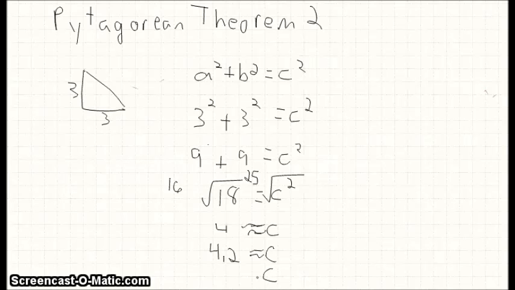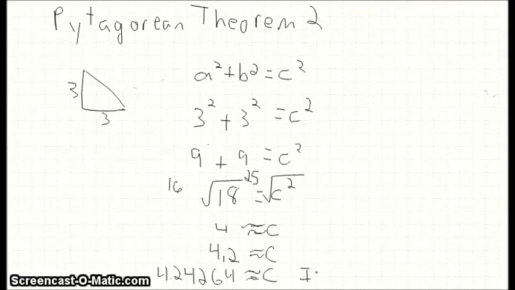Or if you were to use a calculator to estimate, you'd get an answer of something like 4.24264. Again, this is an irrational number because it was not a perfect square root. So anytime you have a number that isn't a perfect square root, it's going to be an irrational number.